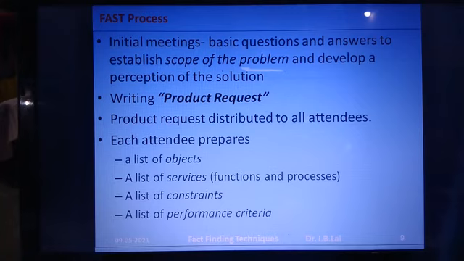Each attendee is asked to make another list of services, that is the functions and processes that manipulate or interact with the objects. Finally, lists of constraints and performance criteria are also developed. The attendees are informed that the lists are expected to reflect each person's perception of the system.